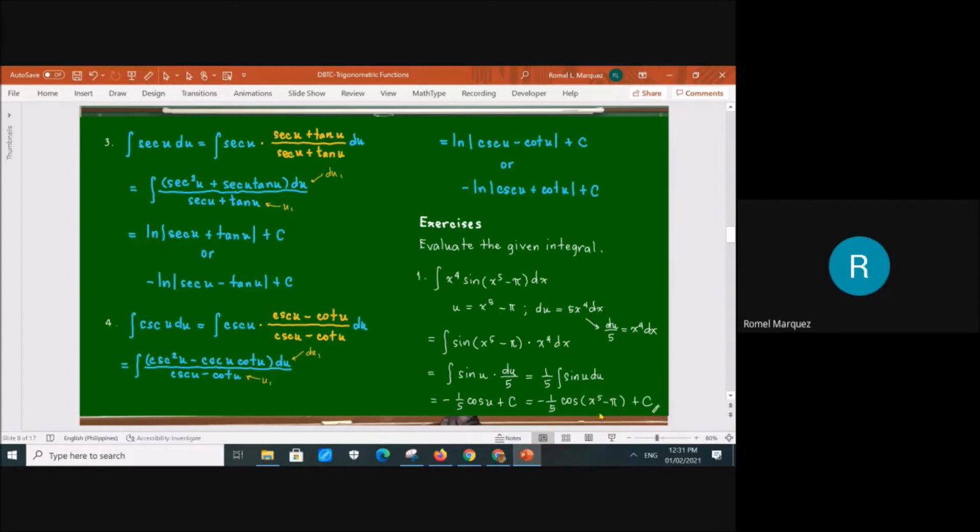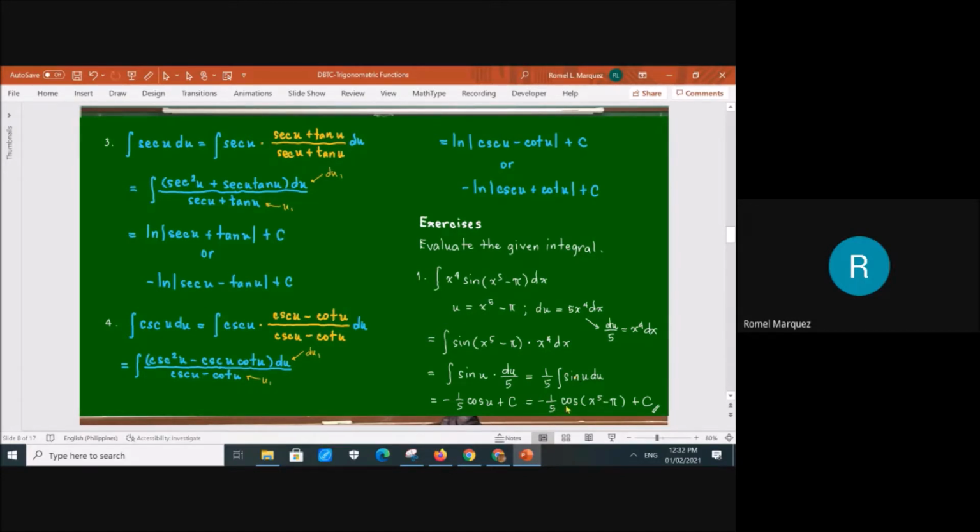Actually, this argument can be simplified, this cosine of this argument, because it is pi minus something. That is a formula in trigo. But it's all right if you can't remember, because once you expand that, you will come up with cosine x to the fifth times cosine pi, but cosine pi is negative 1, and then plus sine x to the fifth times sine pi, but sine pi is 0.